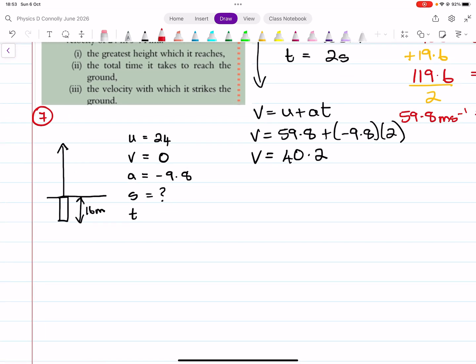Okay, so for part 1, we need S, and we don't have T. So V squared equals U squared plus 2AS.